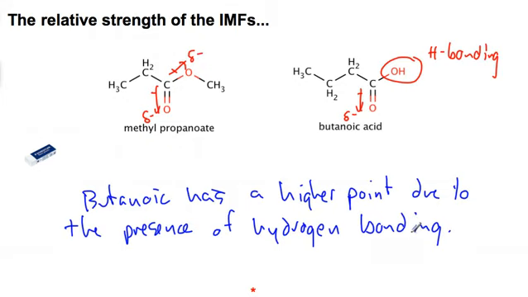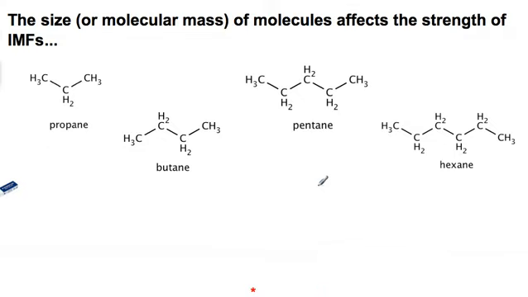Methylpropanoate has that C single bond, no polar component, but that would not provide as strong intermolecular forces as the hydroxyl group and the hydrogen bonding that comes with it. So again, butanoic acid, double the boiling point of methylpropanoate. So it's a strong intermolecular force, that hydrogen bonding.